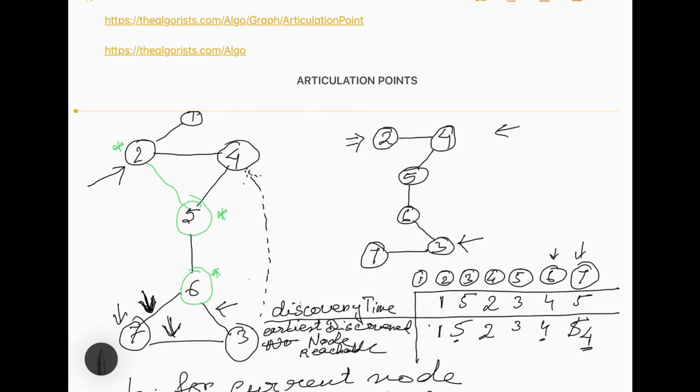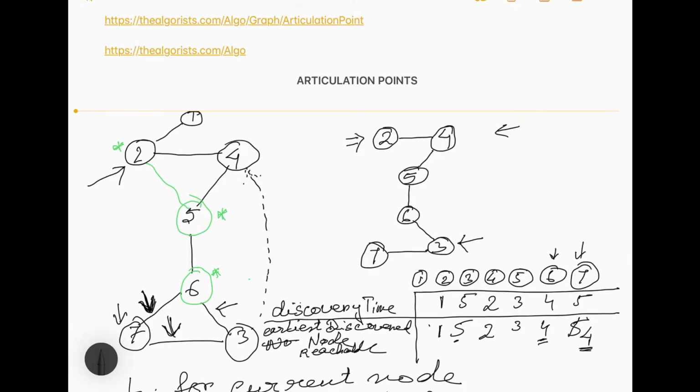We look at the discovery time of 6, because the earliest discovered node reachable from 6 may require more than one back edge, and we already have one back edge from 3 to 6, since 6 is its parent. So we take the minimum of the earliest discovered node reachable from 7 and the discovery time of 6. The discovery time of 6 is 4, and the earliest discovered node reachable from 7 is also 4.